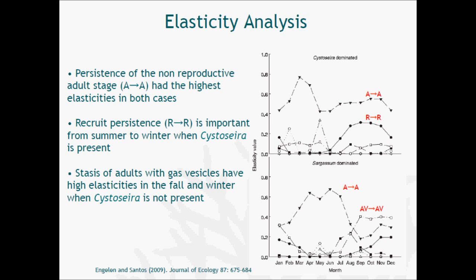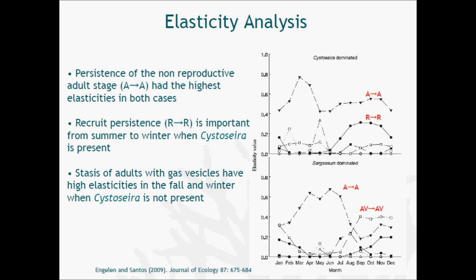So once the recruits are there, their survival is very important for the invasion. When Sargassum dominates the pool, adult survival is still important, of course, for population growth, but also this other one, the adults with vesicles, which are important here in the fall and early winter.